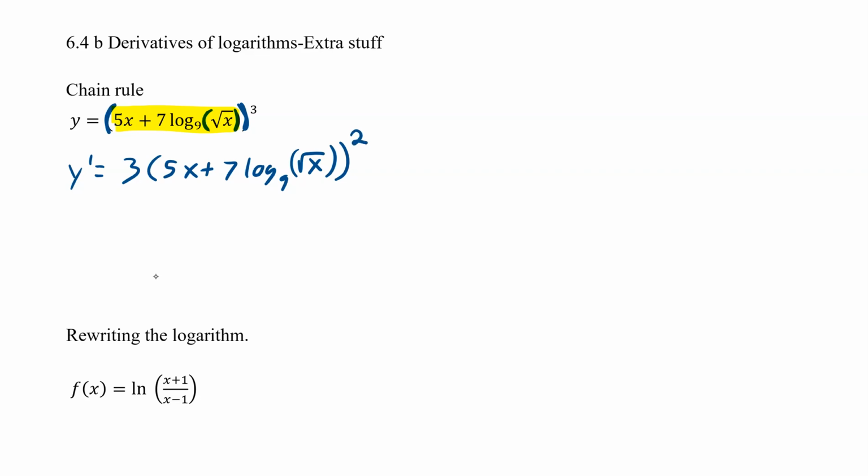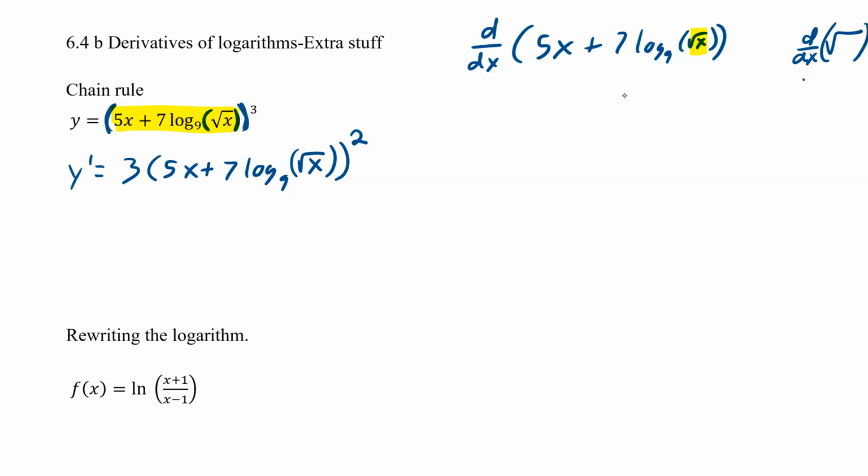So then it's 2. So now we take that inside and we're going to take the derivative of it. All right, we do have another parenthesis here, so let's put it in parentheses. And you can even just rewrite it off to the side if you want, because you know you're going to have to take the derivative of that.